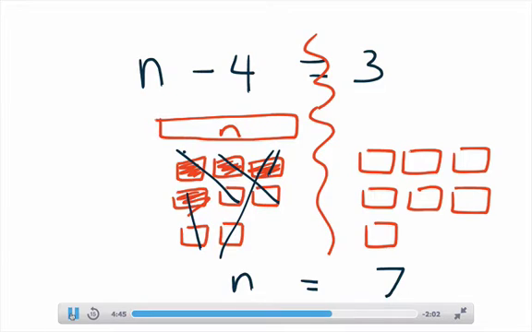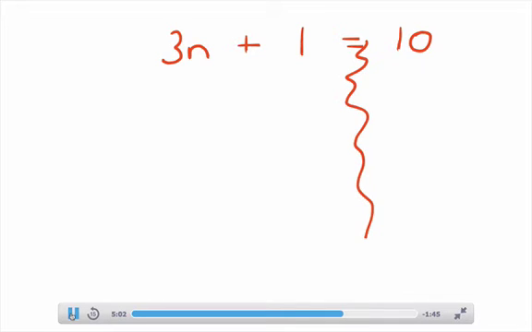Well, what happens if we have a two-part equation? We'll take a look. 3n plus 1 is 10. Once again, the problem we've used in many examples in the last few videos. Let's model the equation first. Well, how many n's do I have here? According to the equation, I have 3 separate n's because it says 3n, 3 groups of n.